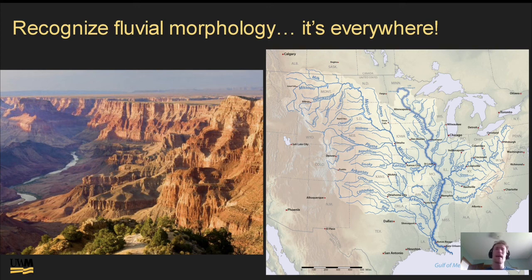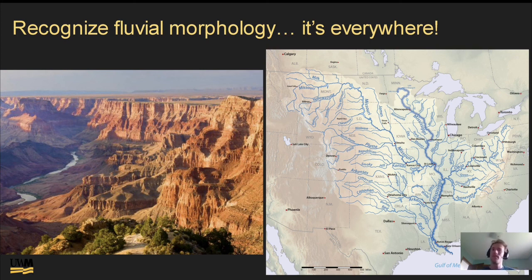And the classic example is the Colorado River, over so much time forming the Grand Canyon. That's the classic example of fluvial geomorphology at work. But this occurs wherever you live. I guarantee there's some sort of stream that's shaping the land.